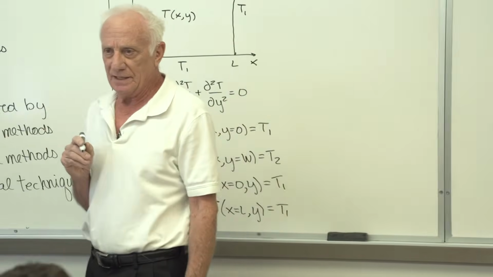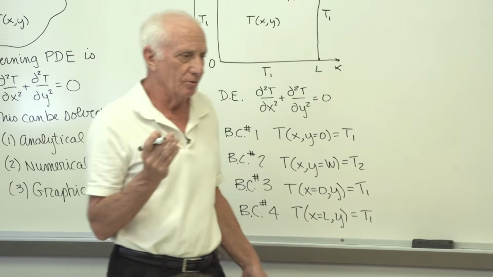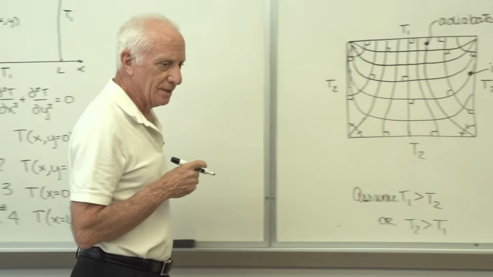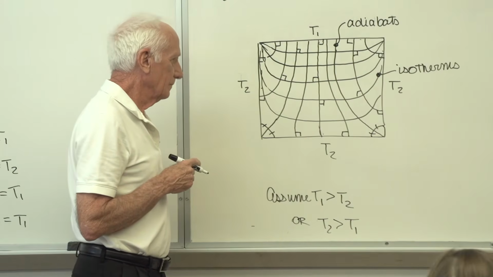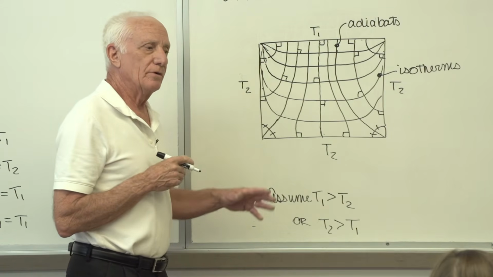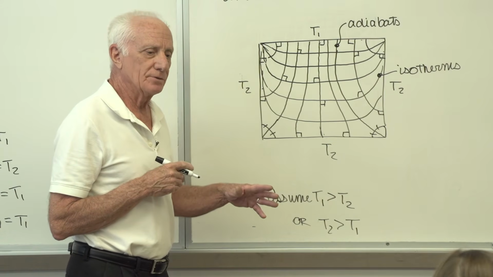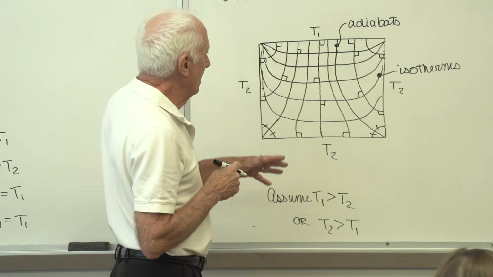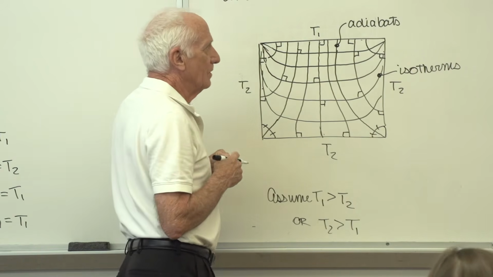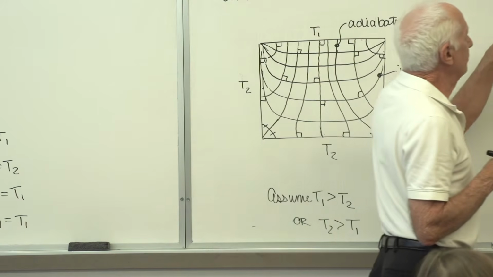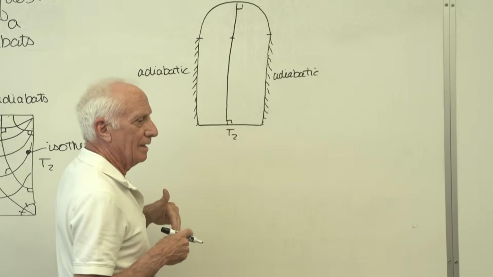It doesn't matter which is hot and cold. Whatever helps you visualize it. If you want to pretend T1's hot and T2's cold, go ahead. Good, I got a feel for that.